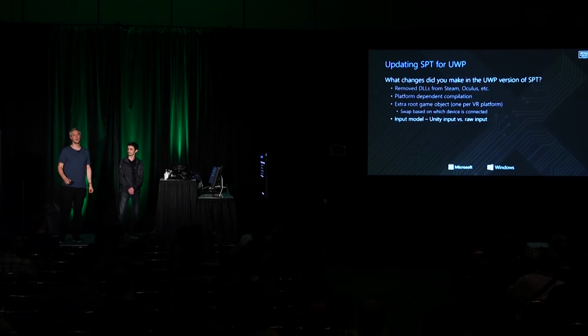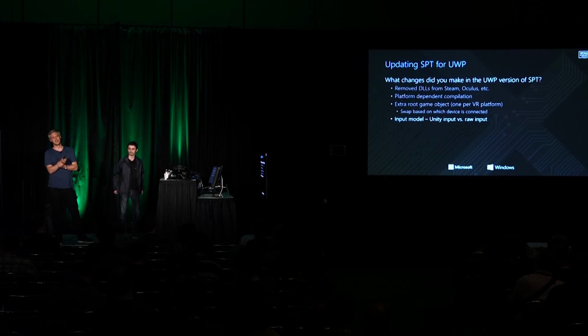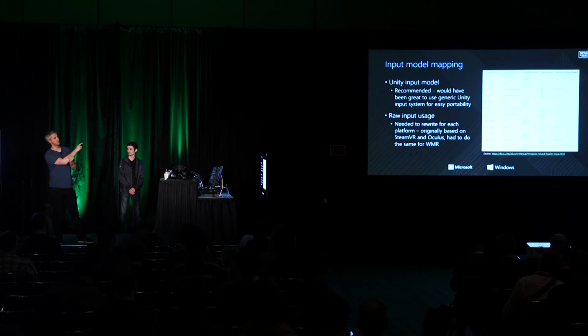And then the last thing: when we were doing the ports, the Unity input system wasn't available yet. And most of the time we create our own input systems because they tend to be slightly faster. So we use native APIs for the input. First of all, in the Unity documentation, there's this whole mapping.